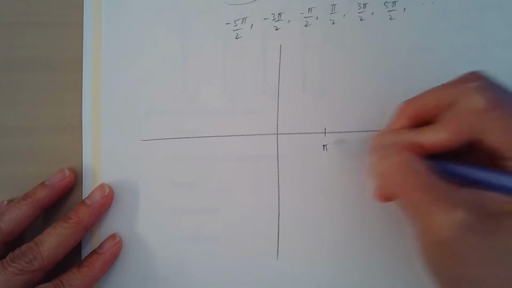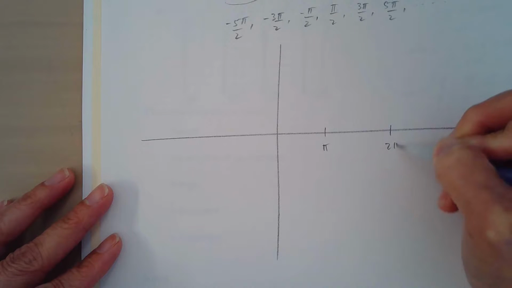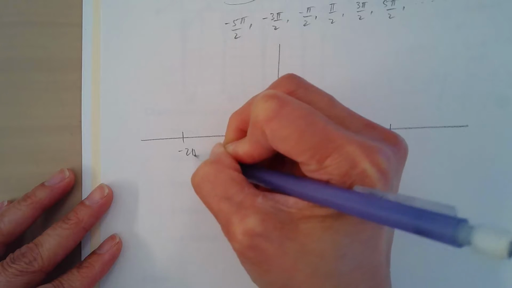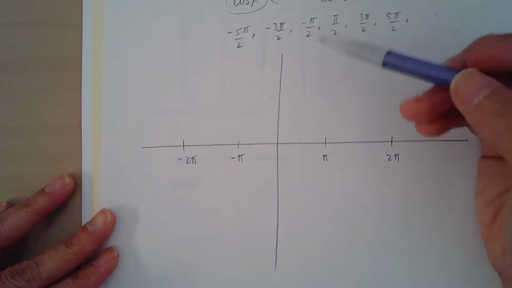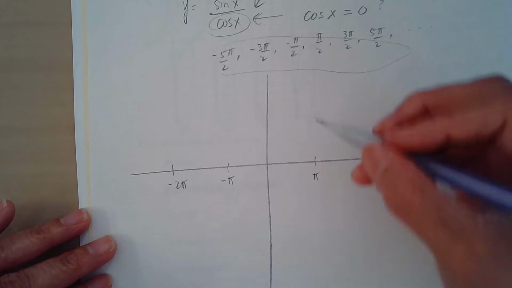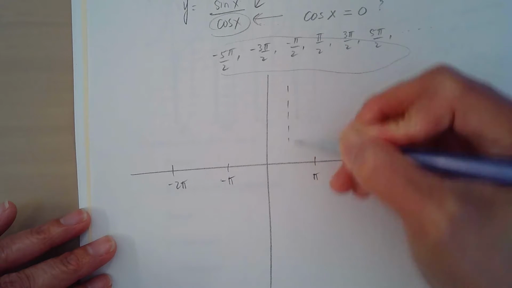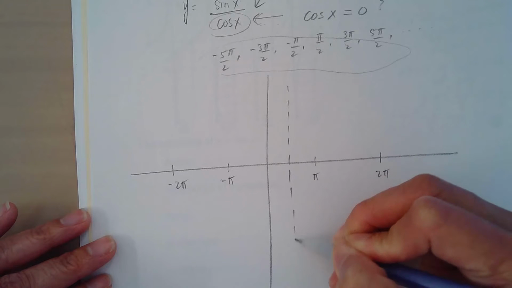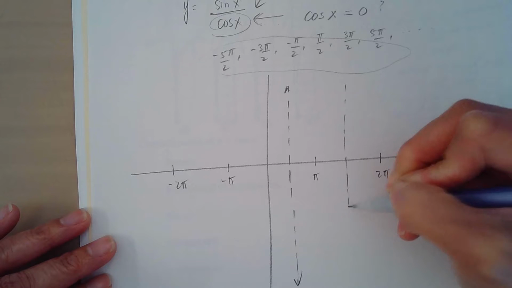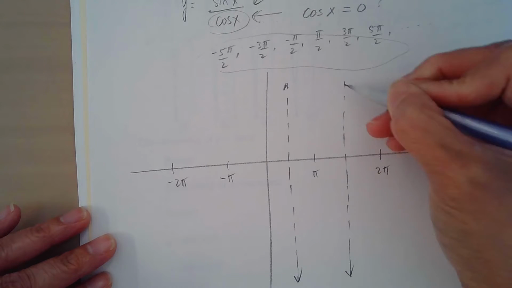So if this is pi, 2 pi, negative pi, negative 2 pi, this is where the asymptotes are going to be. Pi halves, three pi halves. Make sure you put an arrow in asymptote.